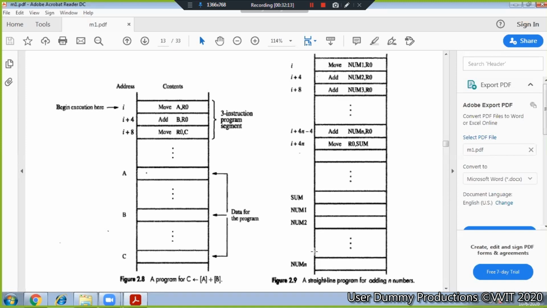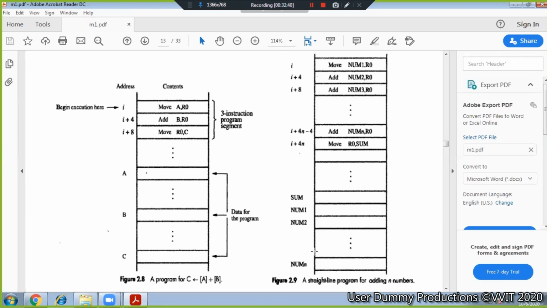And then next, the PC is incremented by 4 and add num2 to R0. So the result of R0 value added with num2 will be stored in R0. And I is incremented by 4 again.